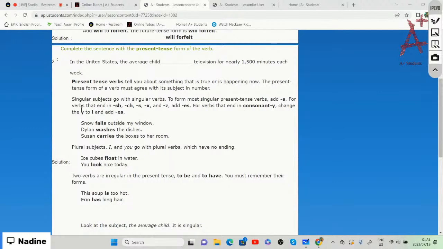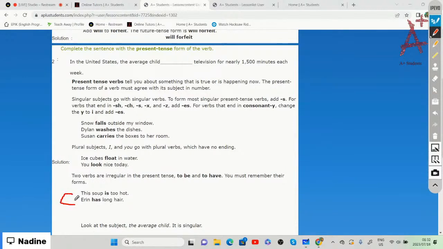It's either to be or to have, right? So to be is, for example, is, and to have is has, right? Then we have examples. The soup is too hot, right? It's almost like saying it to be hot, but we don't say to be hot. We just say the soup is hot.